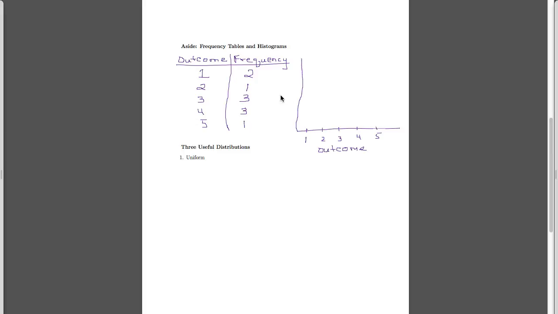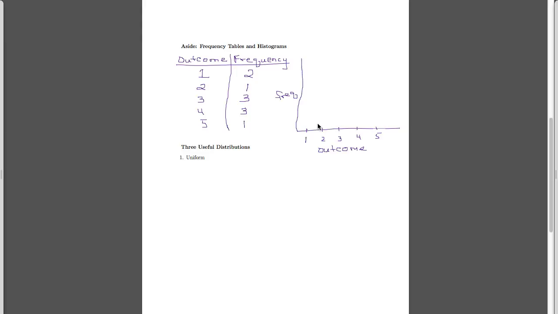And then on the vertical axis, I'm going to indicate the frequency. Now with histograms, you want to try to make the width of each bar in your graph about the same. When I'm doing it by hand, I can only do that so well, especially with the tablet, so bear with me. So each of the widths is going to be about the same. Let's just say it's width 1.